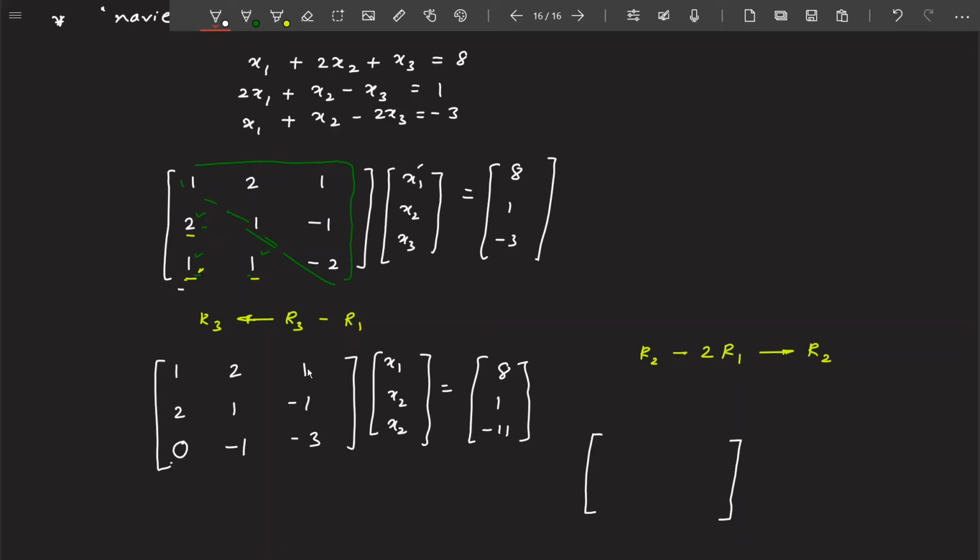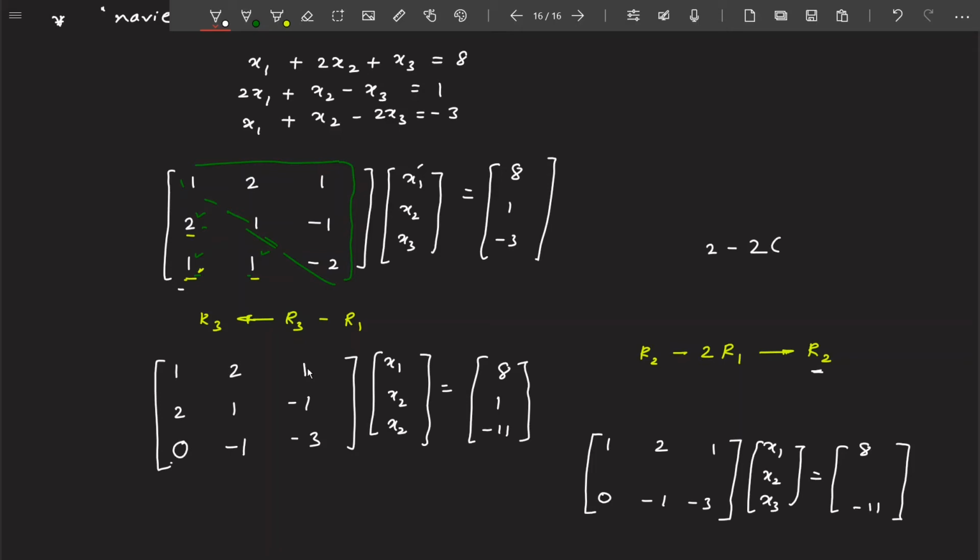Again, where is the change happening? Change is happening in R2. Every other row is not going to change, so you are just going to keep every other row as it is. Change is going to happen in this row. So let us talk about this element. 2 minus 2 times R1.